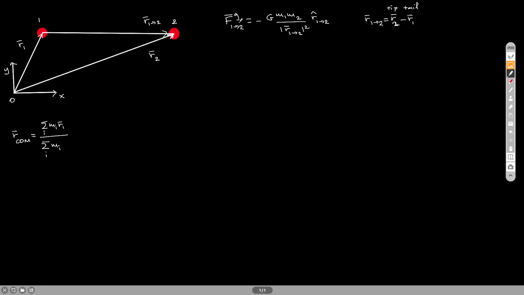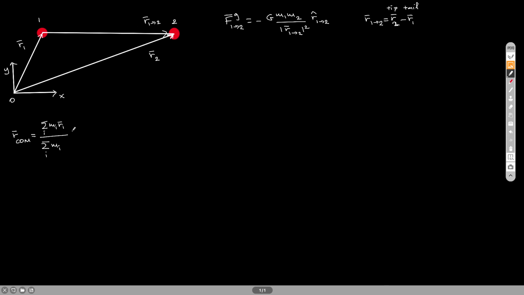So the important quantity is not r1, it is not r2, but it is the relative position of one object with respect to the other. It depends on how far they are, and what also matters is where it is with respect to 1. So that was to show you that it's the relative position vector that is important.